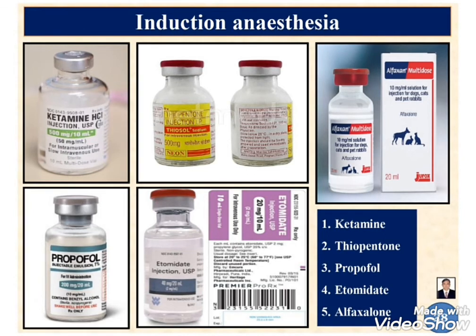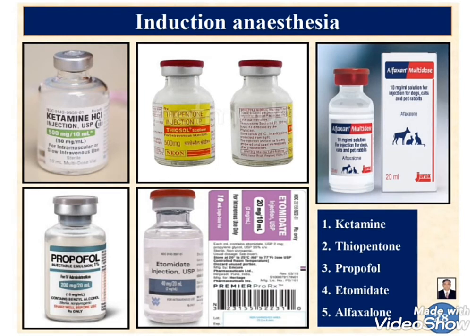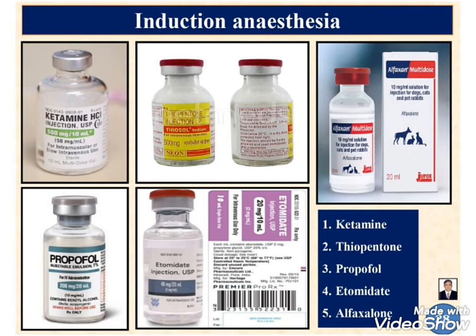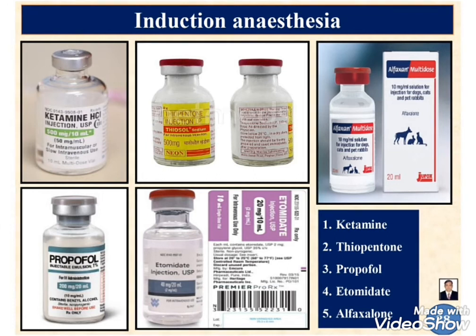These are the most widely used induction agents in canines all over the world. These two drugs are short-acting intravenous induction agents and have attained popularity all over the world.